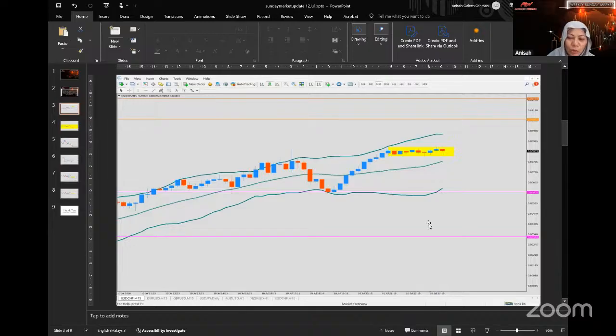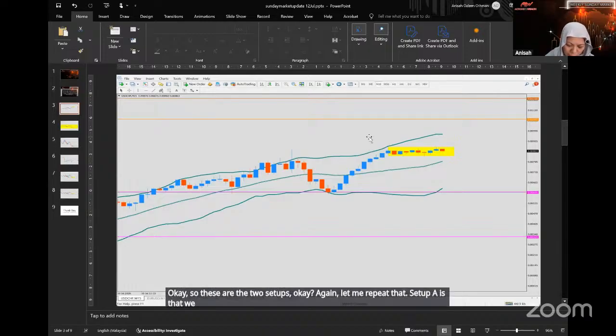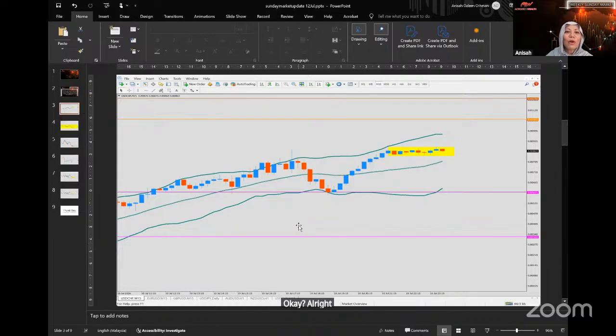So these are the two setups. Again, let me repeat that. Setup A is that we trade upon the breakout of the rectangle, and setup B, the second setup, is when the price retraces to the mid BB. All right, let's move on to our next pair.